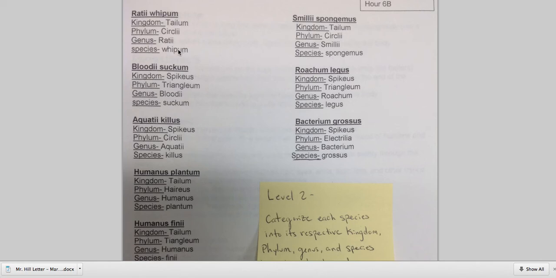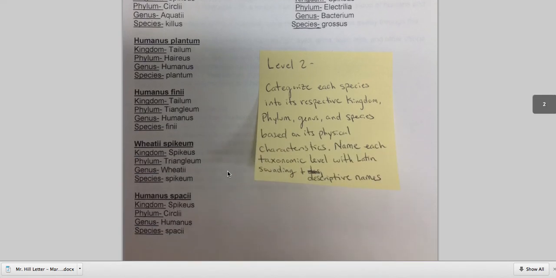You need to do this for each of your organisms. You need to categorize them like this and give them a classification scheme. The document that you make for this should be done in Google Drive and printed off and turned in, all stapled together in a packet, but it should be organized similar to this. That's level 2.